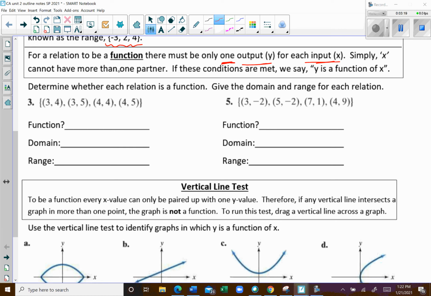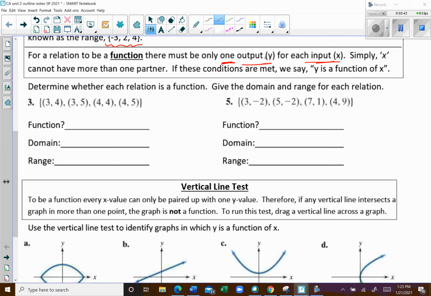Simply, x cannot have more than one partner. If these conditions are met, we say that y is a function of x. The way a function works is we plug in x and we only want one output to come out. If you get two different results, then it's not considered a function.